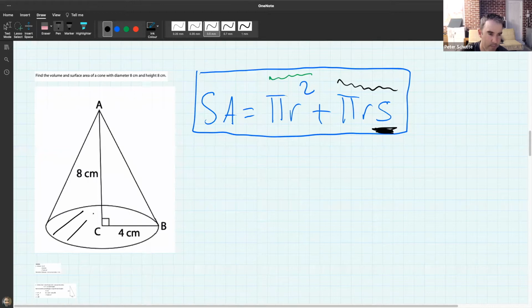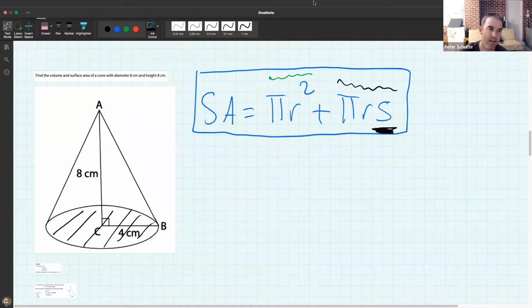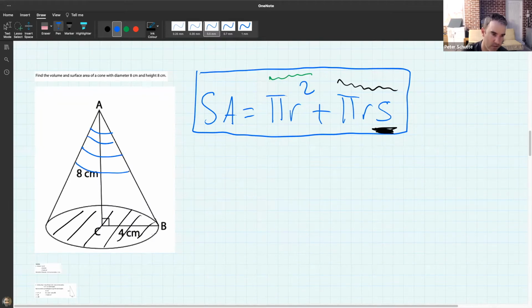And the pi r s is to use the circumference to find the area of the cone part. Yeah, it's like the curvy part. Yes, exactly. And then the S, what do you think the S stands for?